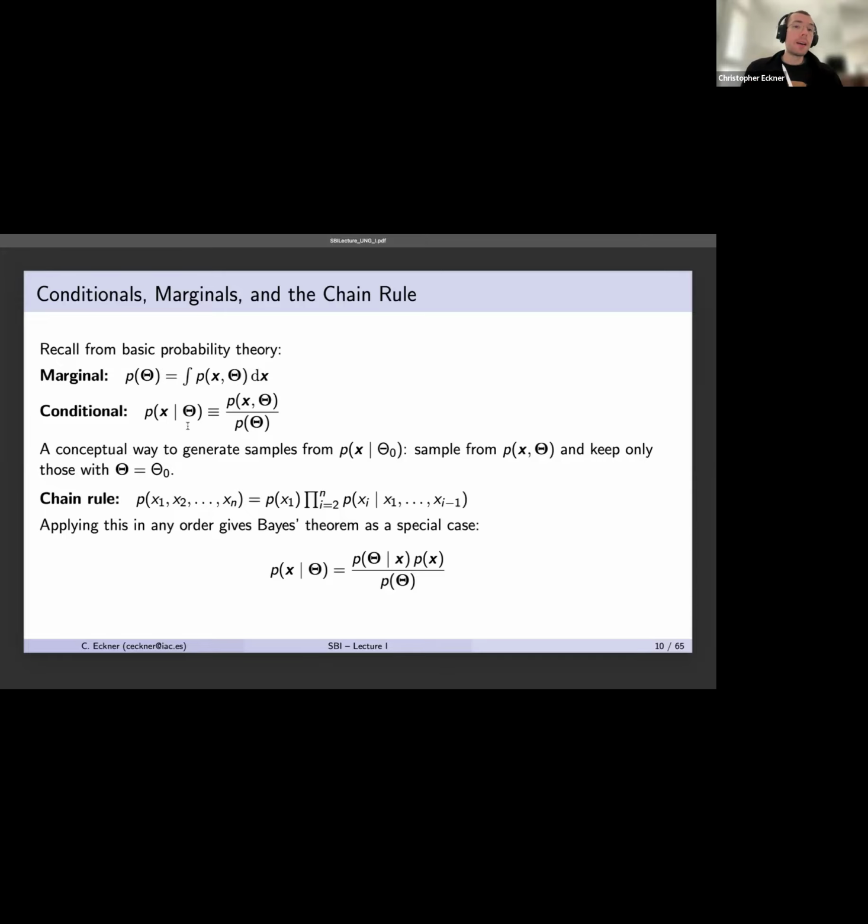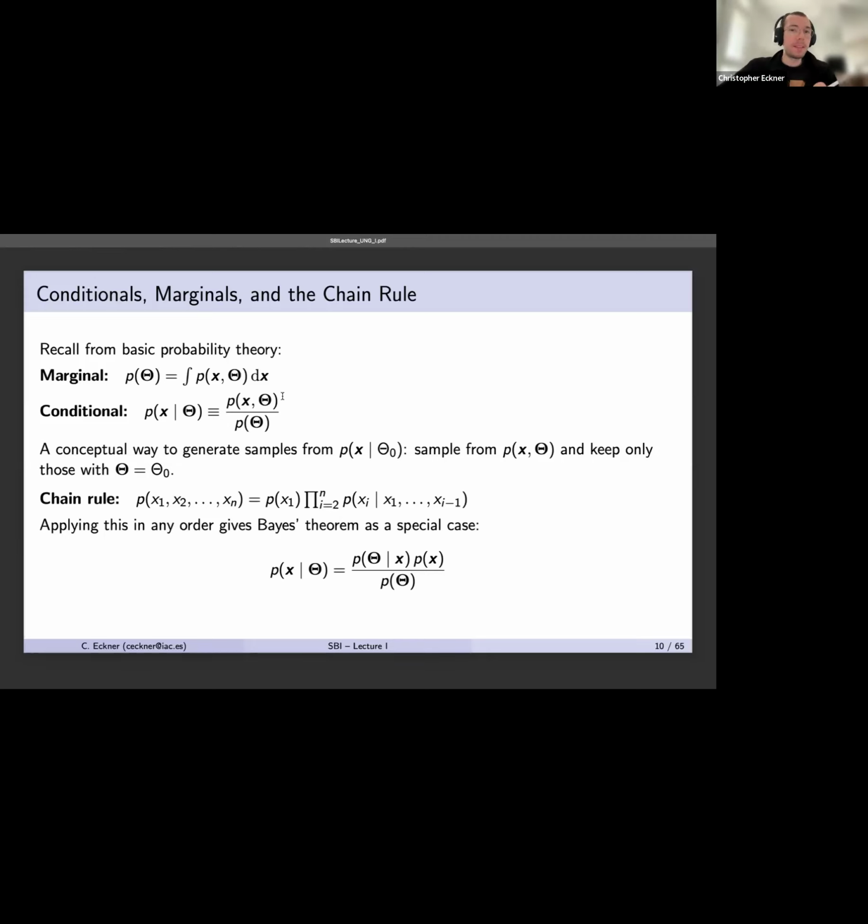You can also have a conditional probability density by saying, okay, if I know that my parameters of this particular model are like this, then I know that the output probability of having this and this observation will get a different value because you already have fixed a certain set of parameters.